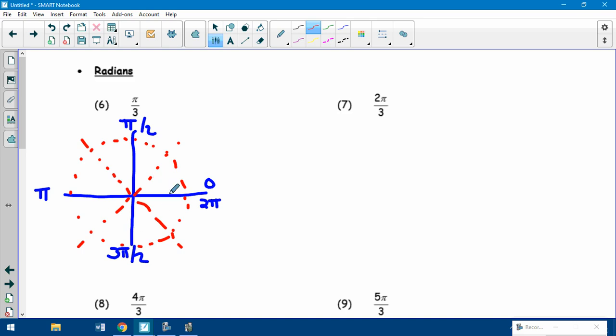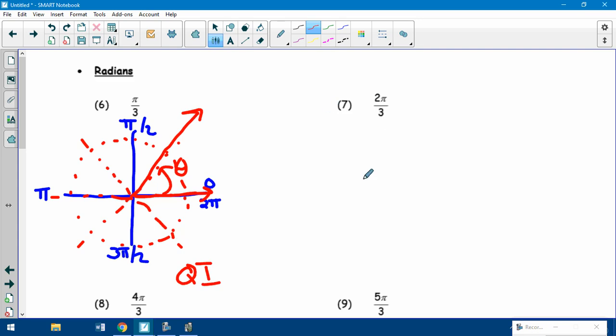So I'm thinking, here's how I'm dividing it. So if you look at all the red lines, 1, 2, 3, 4, 5, 6. Pi divided by 3 means there's 3 pizza slices. So if you have 1 pi over 3, you have 1 pizza slice. So your angle would be right there. And you would say that's quadrant 1.